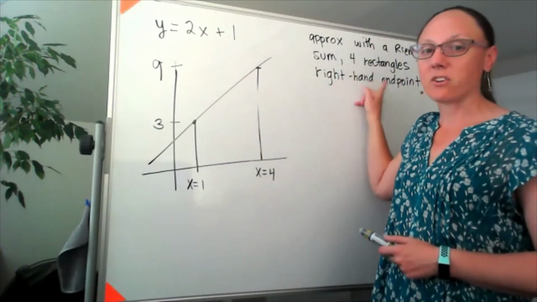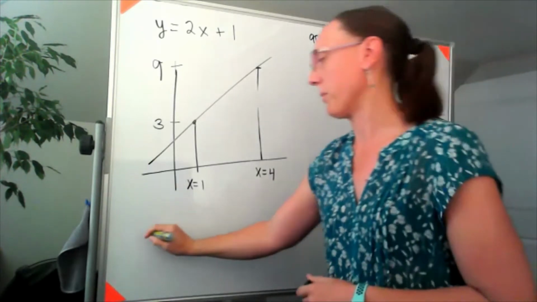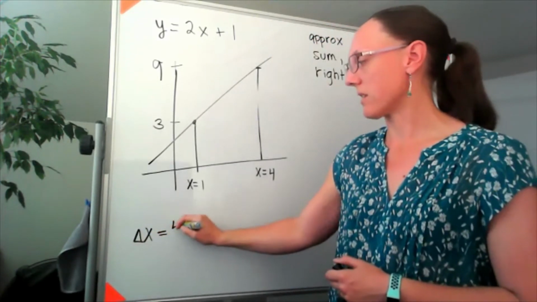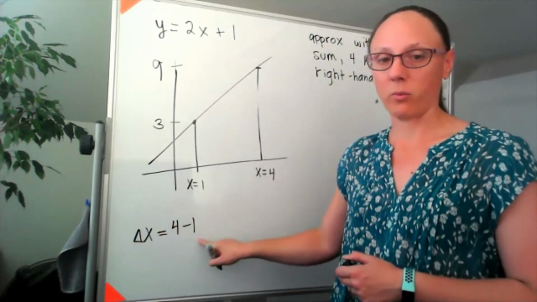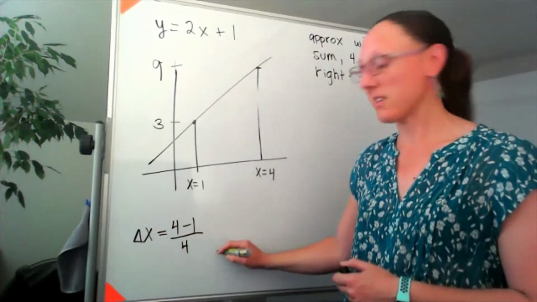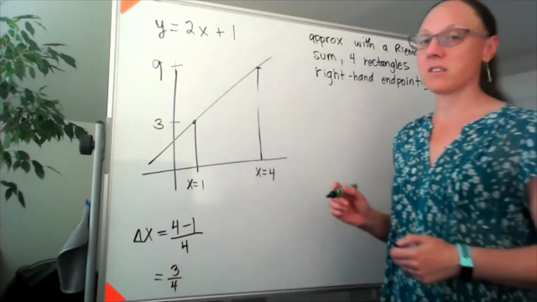I need to break this into 4 equal pieces. Maybe this part is a formula, but I know that the width of each of those pieces, my total interval width was 3, and I'm breaking that into 4 pieces. So the width of each piece is 3/4.